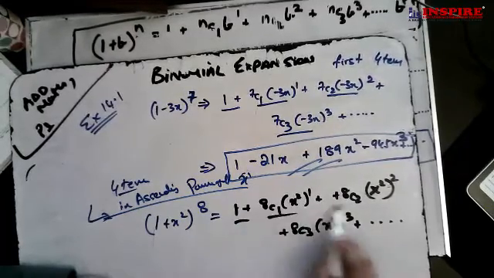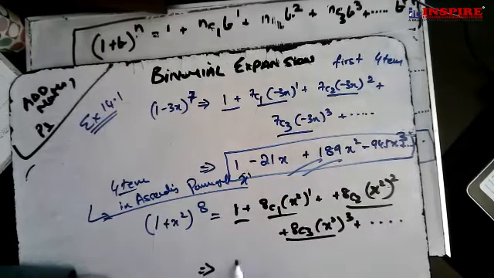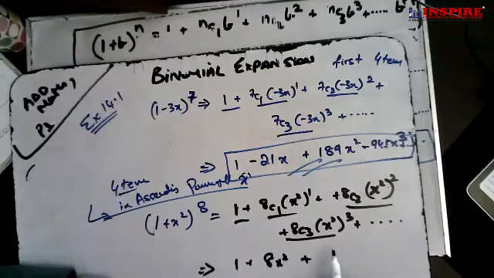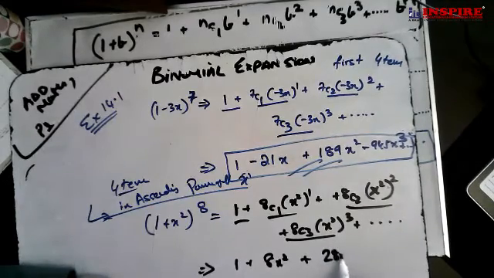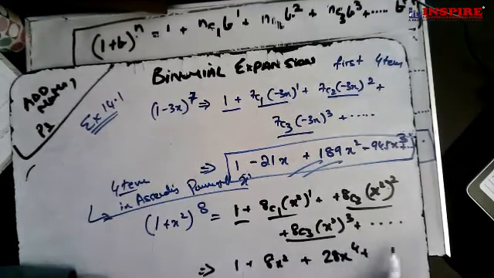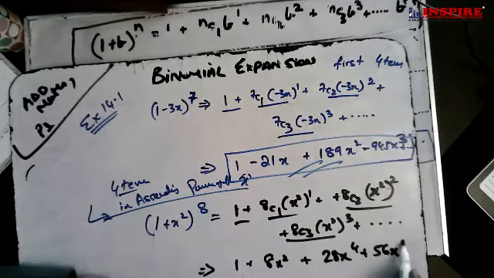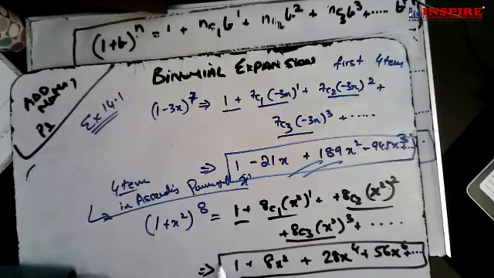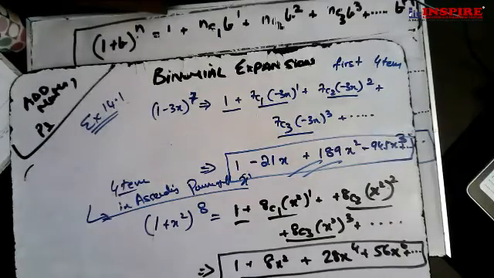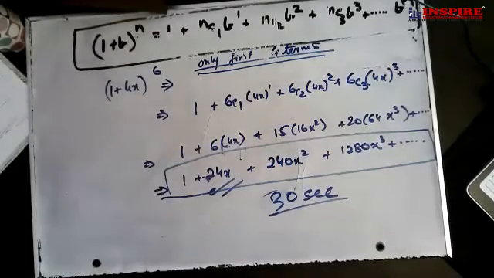The first term is 1, it becomes 8x squared plus 8c2, how much is 8c2? 28. 28 x to the power of 4 plus 8c3, how much is 8c3? 56. 56 x to the power of 6 plus dot. Do not forget the dot, it shows it is not complete. Okay, done. Brilliant. Now let's go on to the next question.